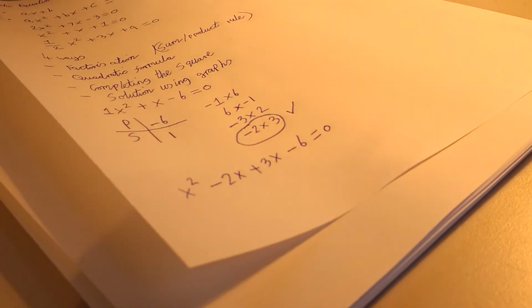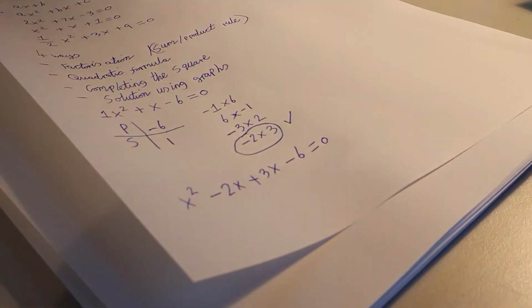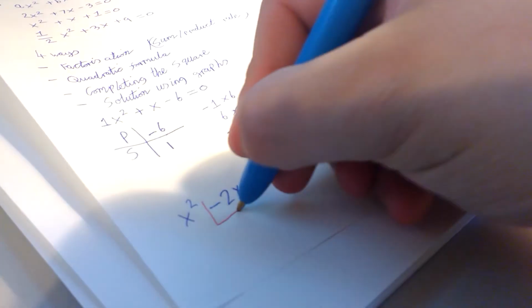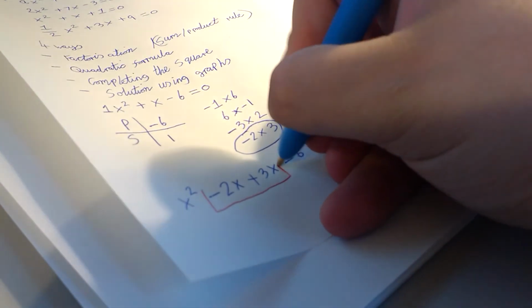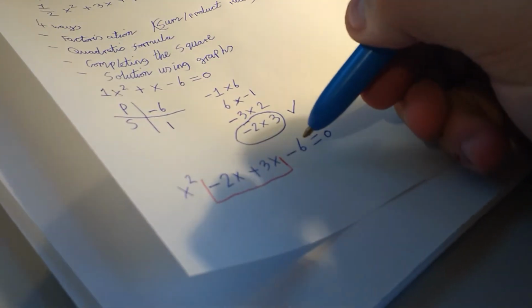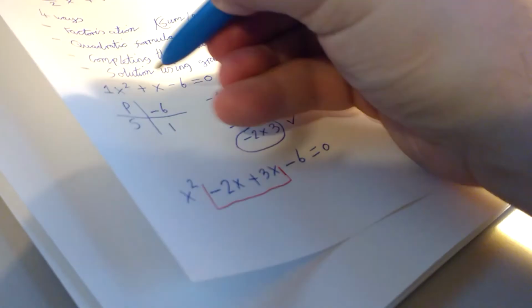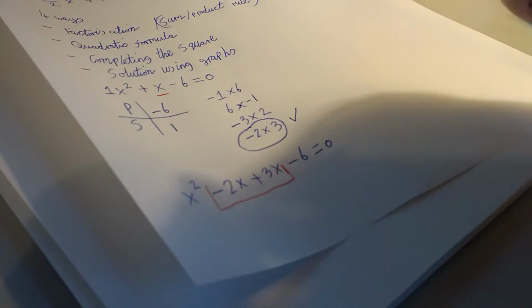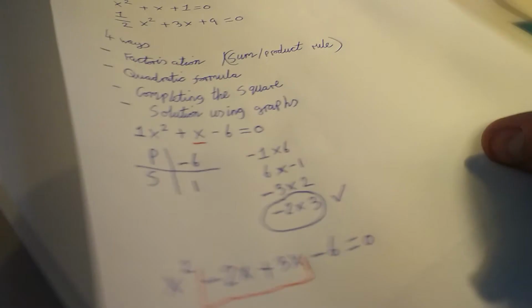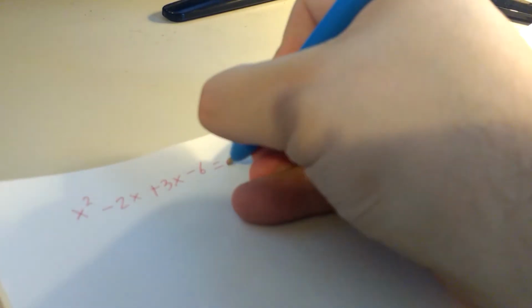Looking at that, we've put these two terms in from our product and sum rule, using them to rewrite our B term, which is x. So we have x squared minus 2x plus 3x minus 6 equals 0.